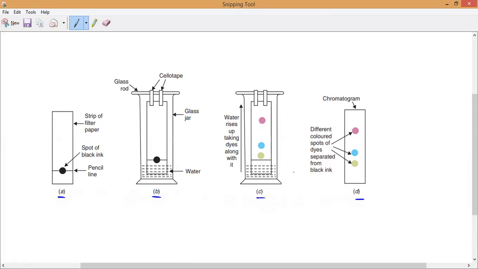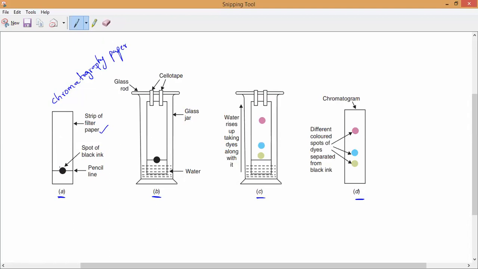Now, you have to take a strip of filter paper, or you can take chromatography paper. Now take a black pen or black marker and put a spot of blacking in a particular place.